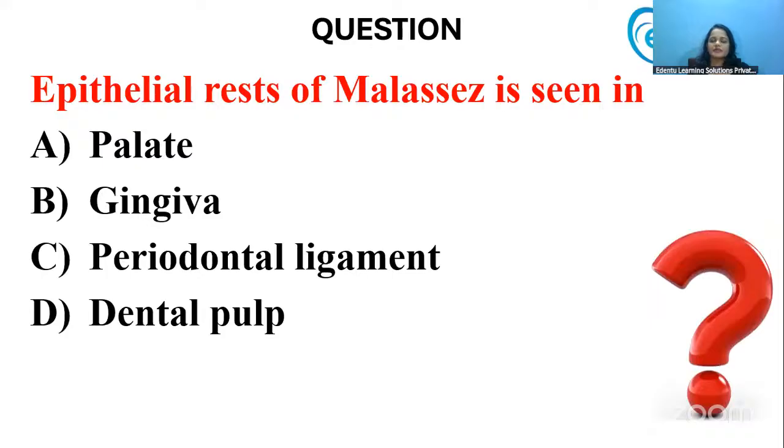Now, next question. Epithelial rests of Malassez are seen in. Is it seen in palate or gingiva or periodontal ligament or dental pulp? So, epithelial rests of Malassez, or cell rests of Malassez, are the remnants of Hertwig's epithelial root sheath.